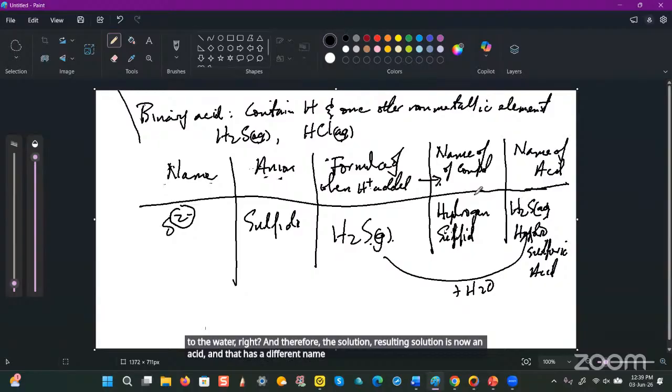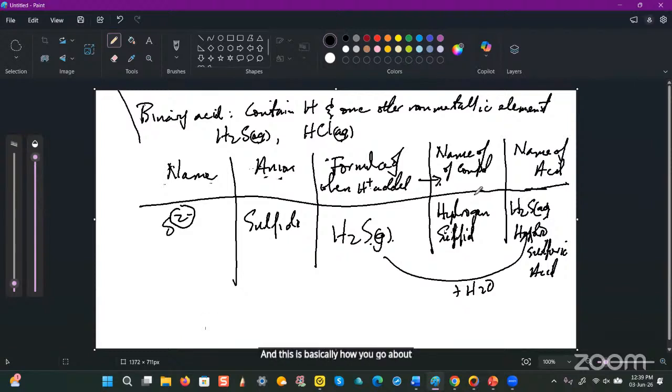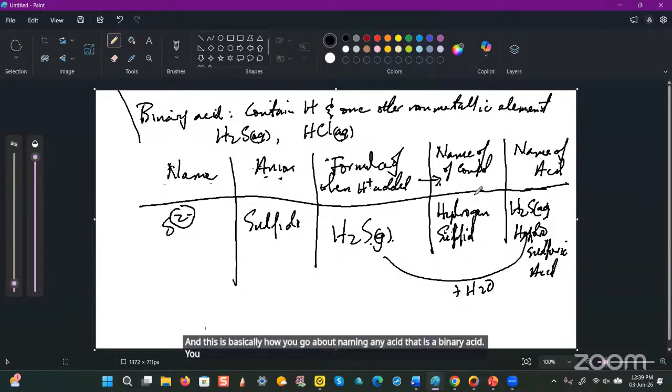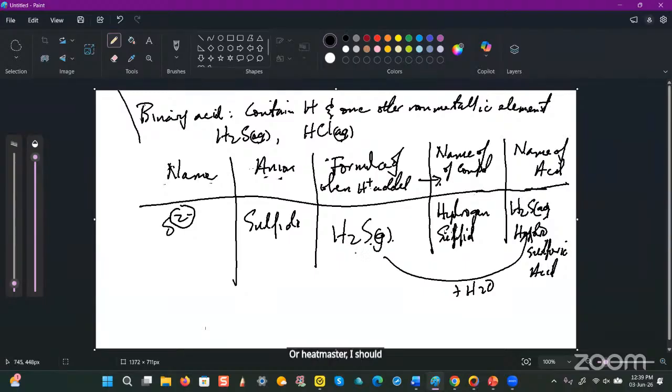The name of that acid is hydrosulfuric acid. And this is basically how you go about naming any acid that is a binary acid. You start off with the name hydro to begin with, then the stem of the name of the other element, and then you end it with uric acid, or ic acid, I should say, all right? So that's how you do that.